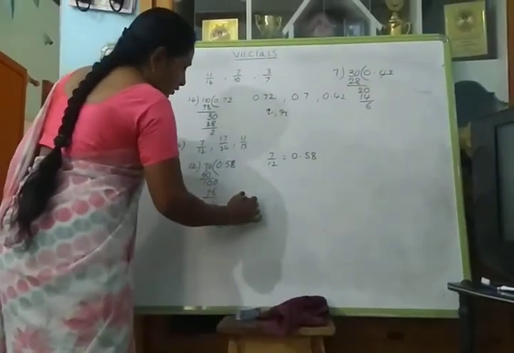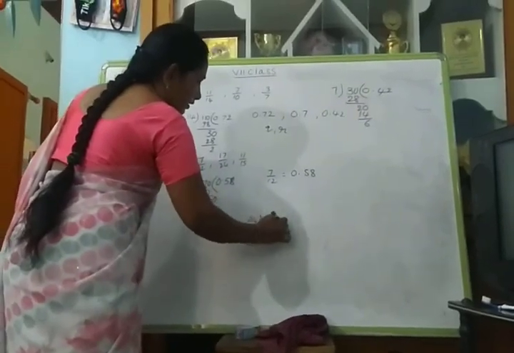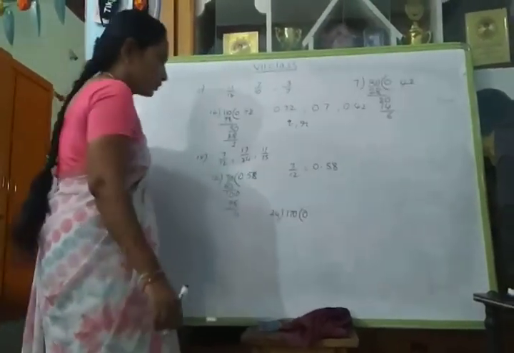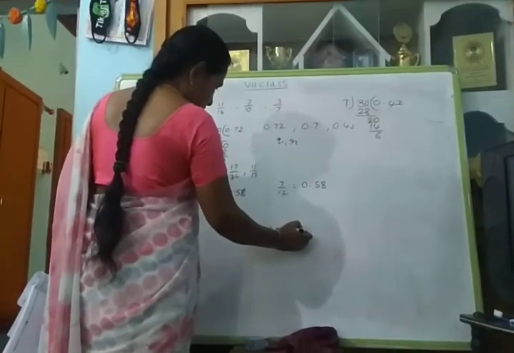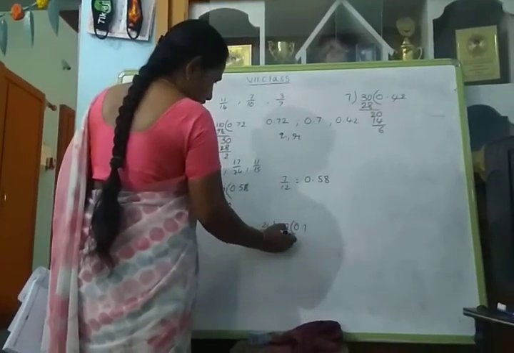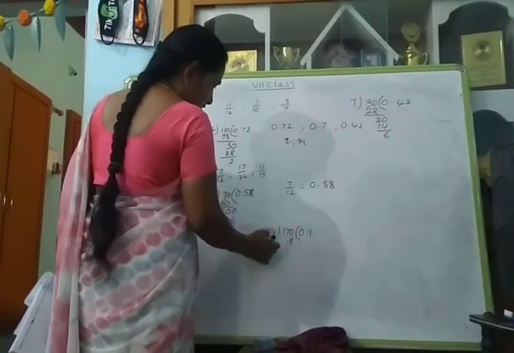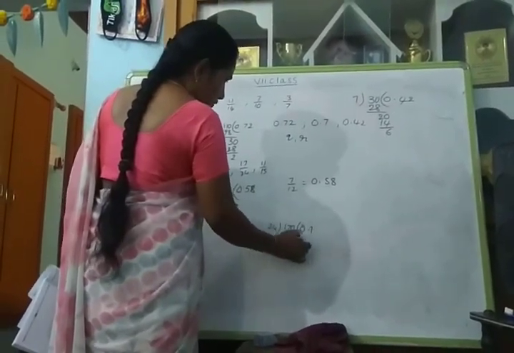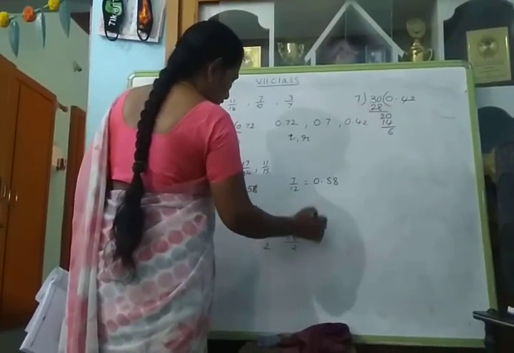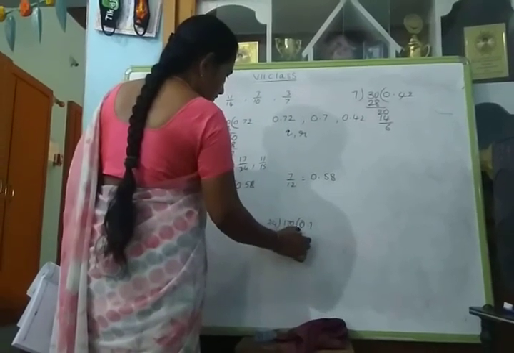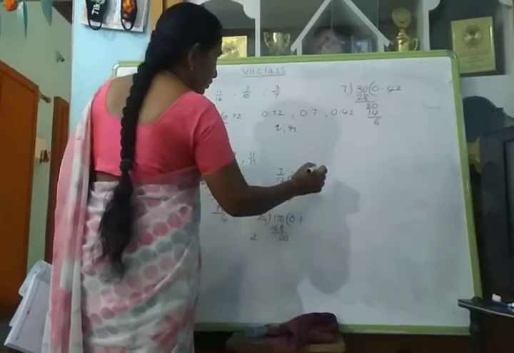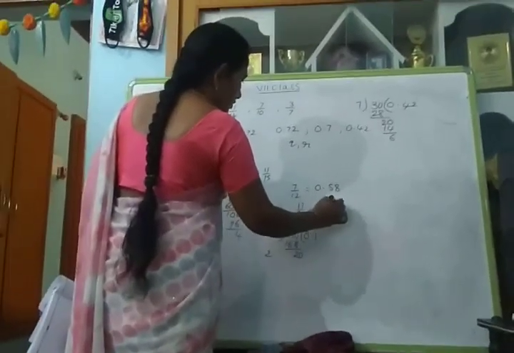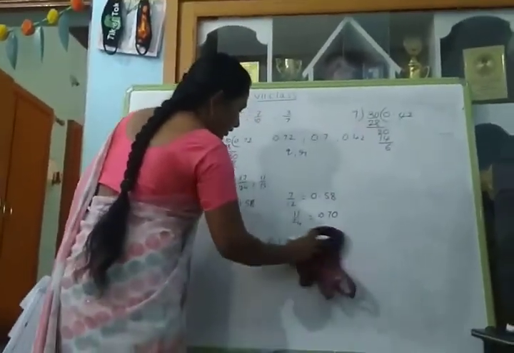Next, 17 by 24: 7 4s are 28, 7 2s are 14, 168. So the value of 17 by 24 is 0.70.